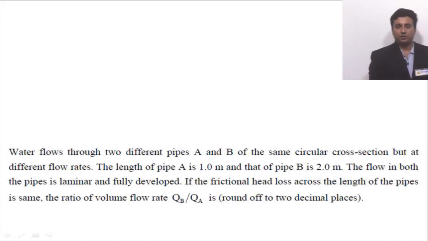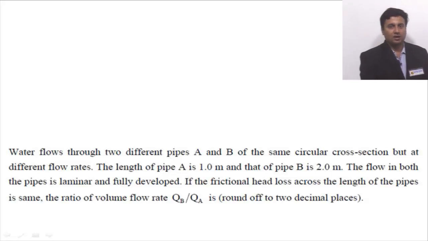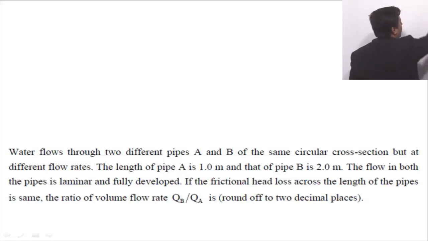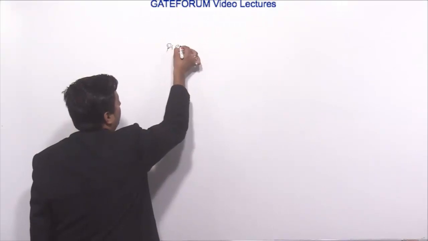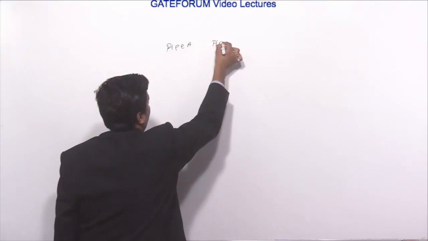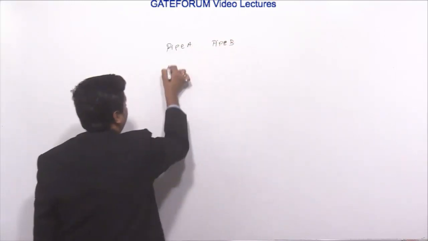So what is given to you? The head loss in both pipes, pipe A and pipe B, is equal.